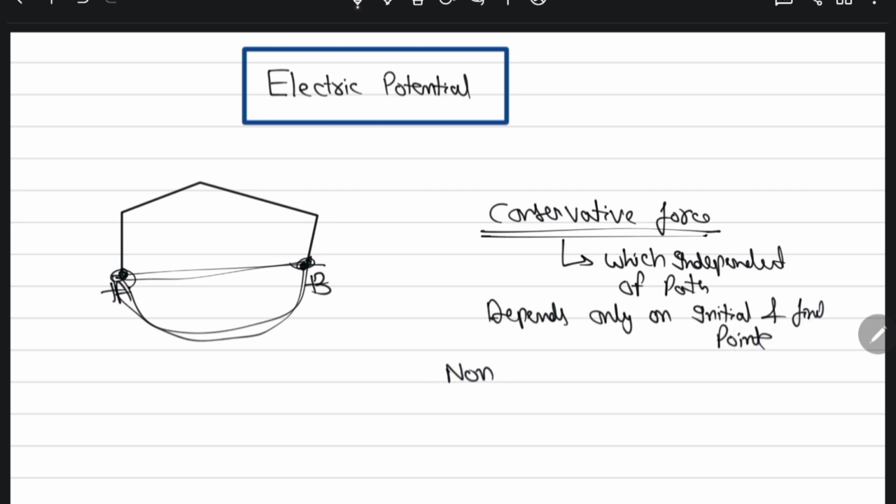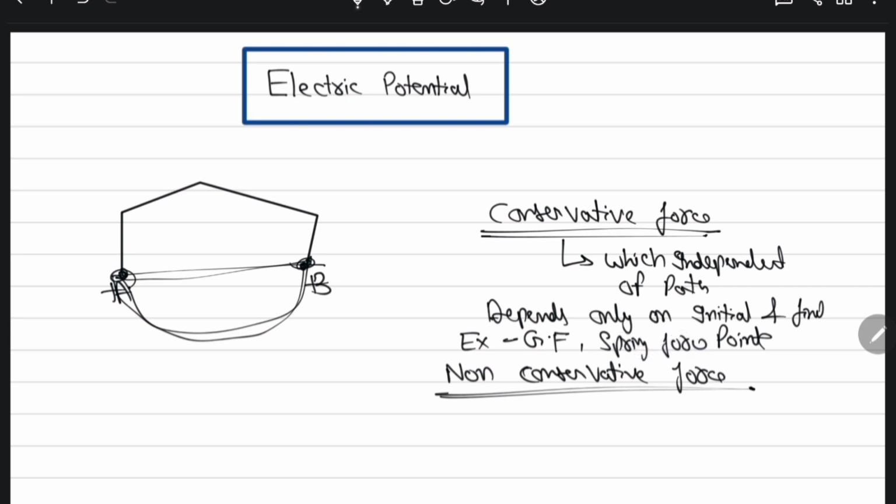And non-conservative forces are those forces which depend on path. Examples of conservative forces are gravitational force, spring force, and Coulombic or electrostatic force. Non-conservative forces are those forces which depend on path, for example friction force or dissipative forces.